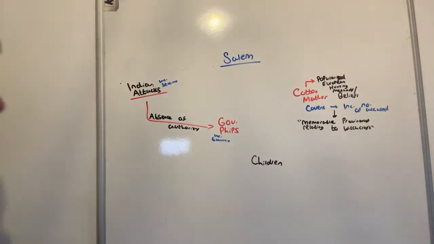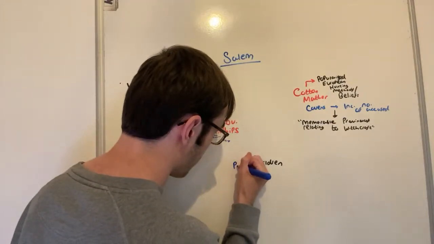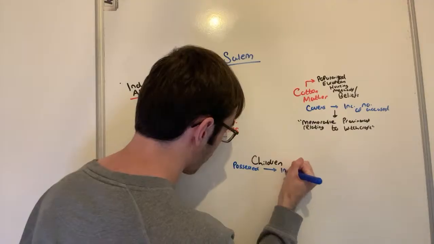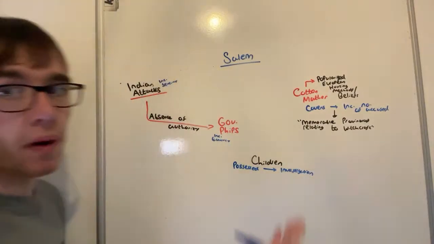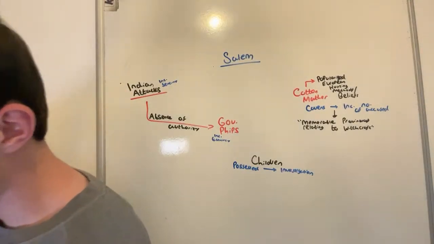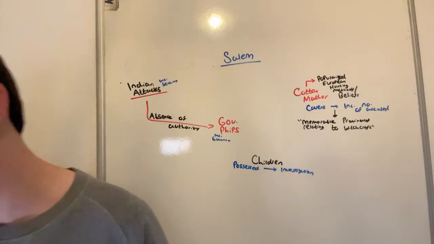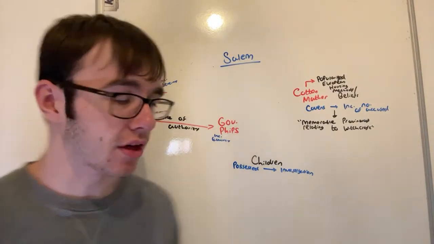So that's the context. The context you would write about is that the children were believed to be possessed, which led to an investigation, which obviously spiraled into the hunts. Children were used as witnesses at trials, and their evidence was believed. For example, their actions and performances in court.